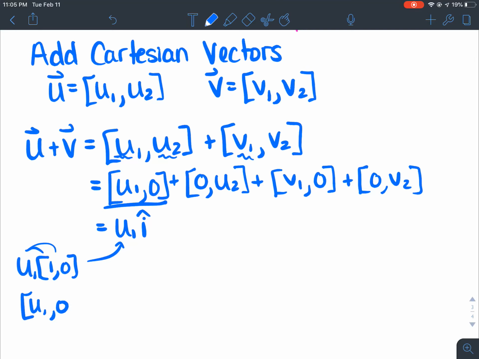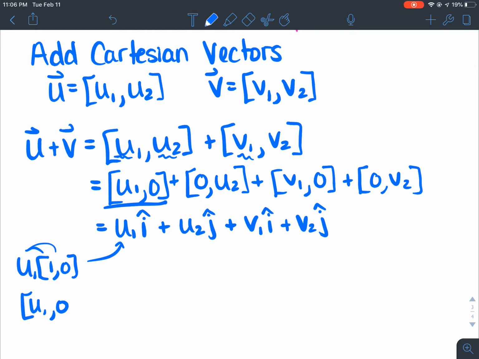So that's all that's saying. We're just writing it in terms of a unit vector. Then this one would be u2 j hat, because the j unit vector is 0, 1. Plus, we could represent the next one as v1 i hat, and then v2 j hat. So we could write them all in terms of unit vectors.